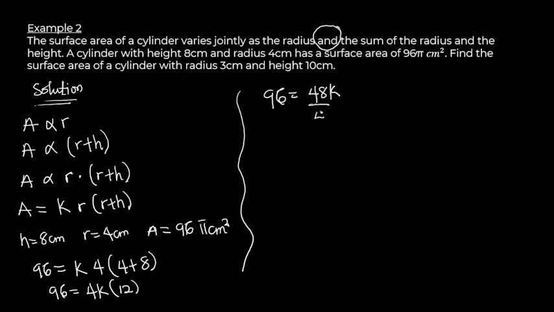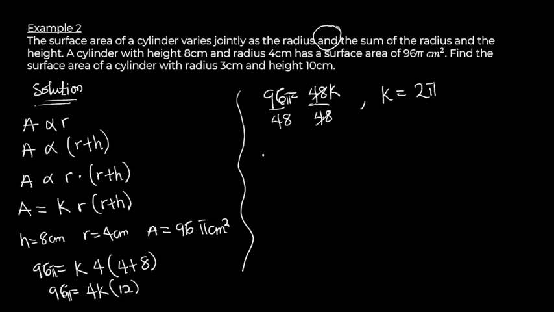If I divide through by 48 to get the value of my constant, K will be equal to, this is supposed to be 96 pi, so remember to add your pi. So 96 pi divided by 48 gives 2 pi. This means my variation constant is equal to 2 pi.